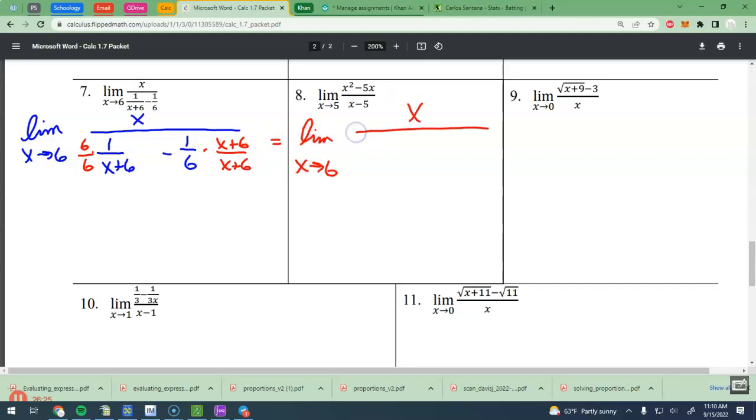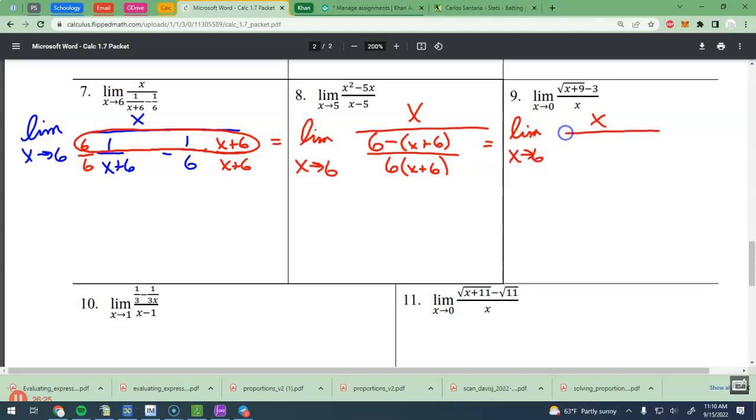That'll give me x over, on top, I will now have 6 minus the chunk x plus 6 over 6 times x plus 6. Right? And then what that really means is I have negative x over 6 times x plus 6.